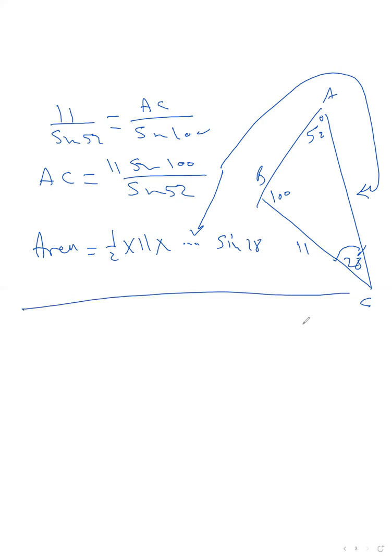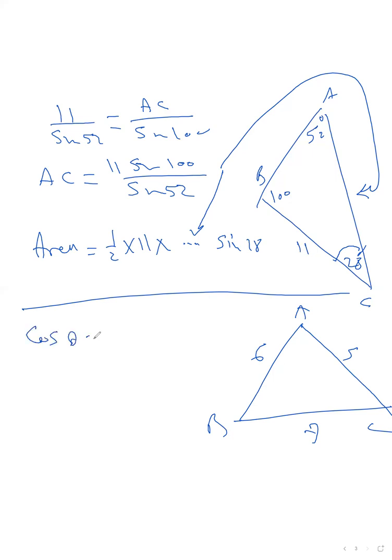Also, if you have a triangle like this one, ABC, and you have the sides 5, 6, and 7, and you need to solve the triangle, you have three sides, then you can use the cosine rule. Cosine A equals B squared plus C squared minus A squared, divided by 2BC.